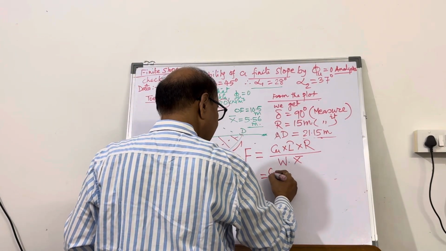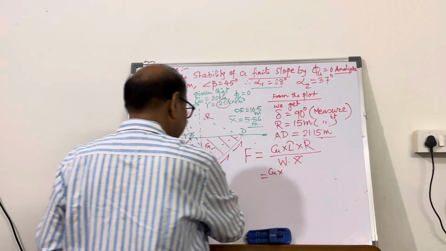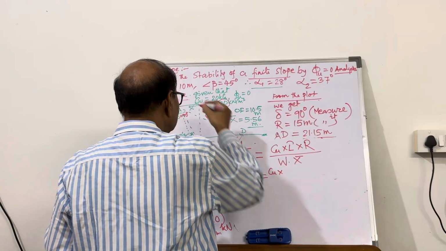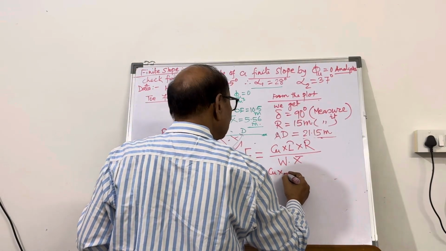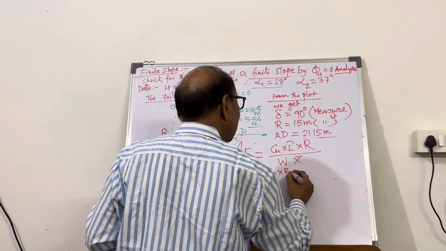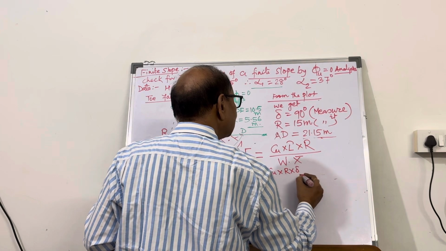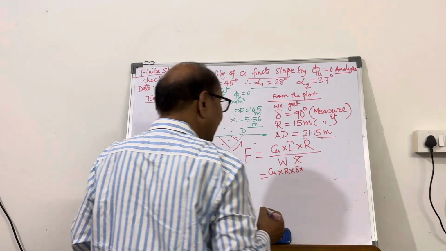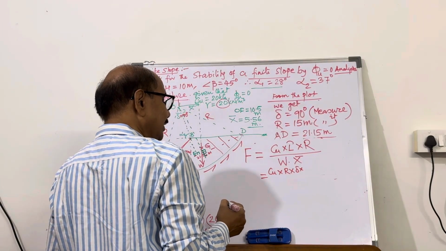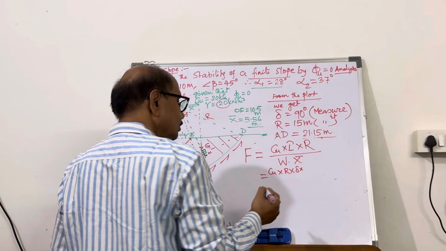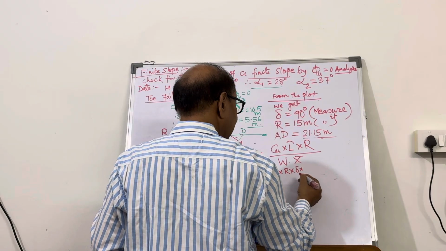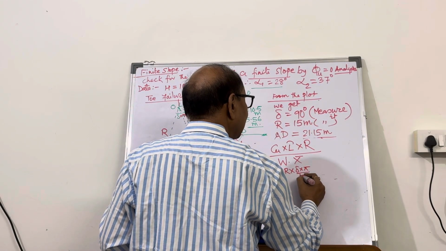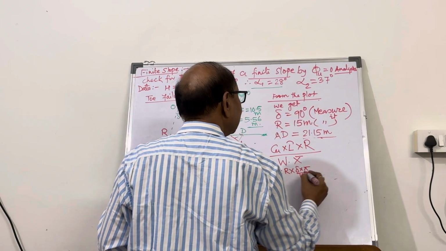Now here it will be Cu and the length of the arc will be R into theta, R into delta. So R into delta should be in radian. So you will have to multiply it, 180 degree equal to pi radian. So delta degree will be pi by 180.